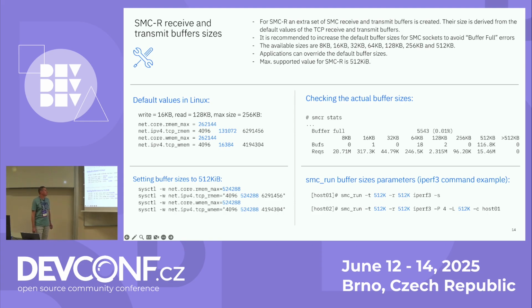You can check the actual buffer sizes using the smcr stats commands. You can increase buffer sizes using the sysctl command, or as an alternative, you can use the smc_run script and its parameters to set buffer sizes. And some applications can override default buffer sizes, and in this case, you need to configure the buffer sizes within your application.